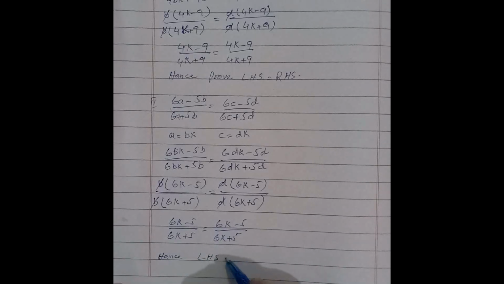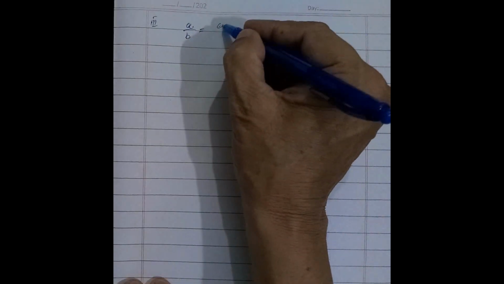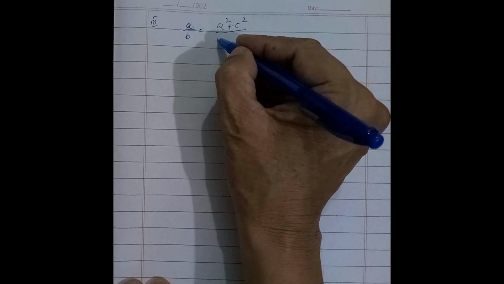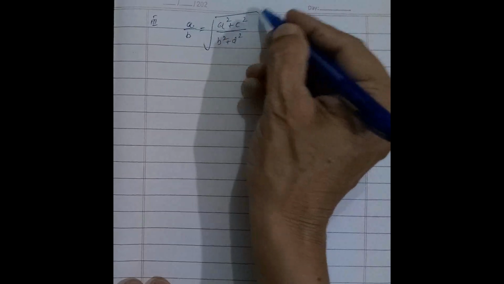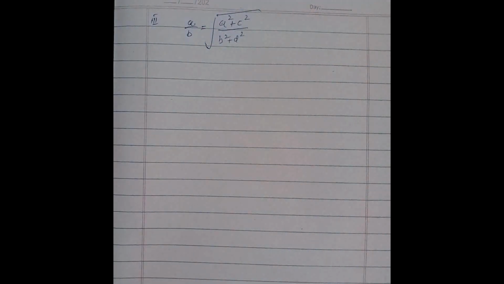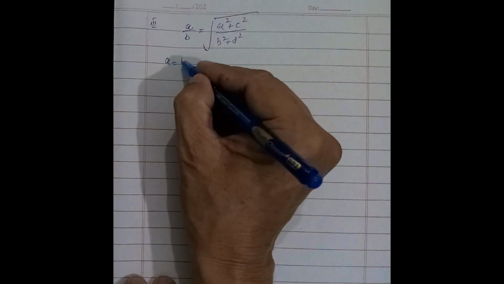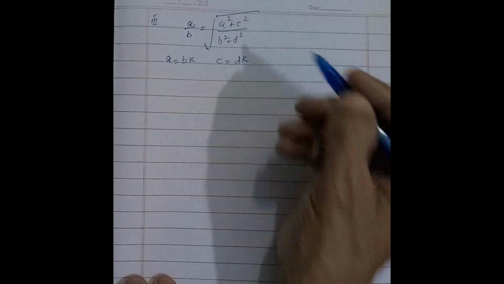Left hand side is equal to right hand side, in which the values are A over B is equal to the square root of A square plus C square over B square plus D square. Here also we put the values of A is equal to BK and C is equal to DK.